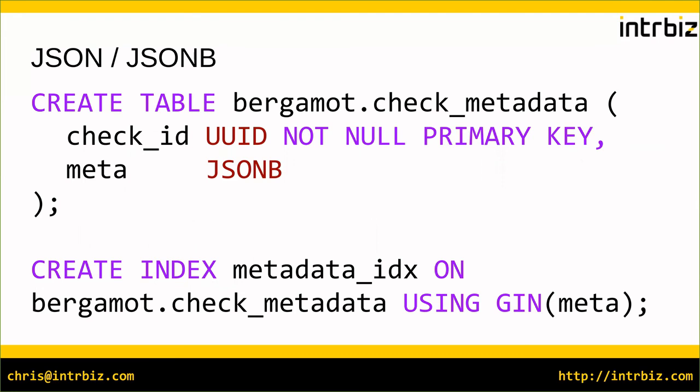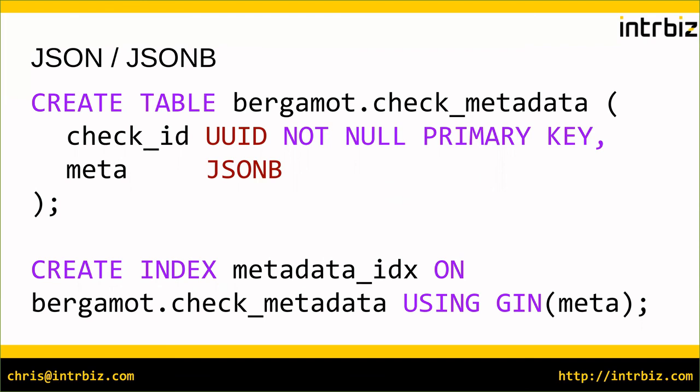So how do we go about using this? Now it's time for the SQL section of my talk. JSONB is quite simple. All we need to do is declare a column of type JSONB. Then, because we want to be able to index accelerate this, we're going to create an index.